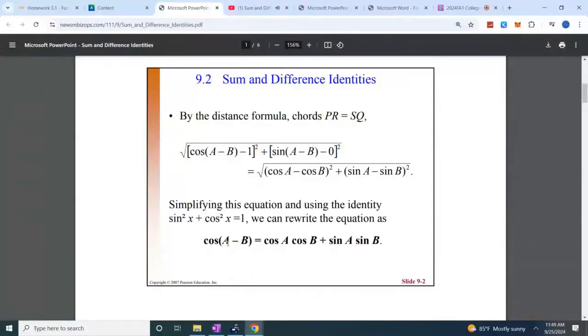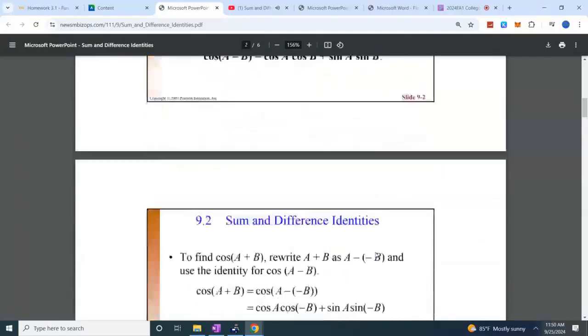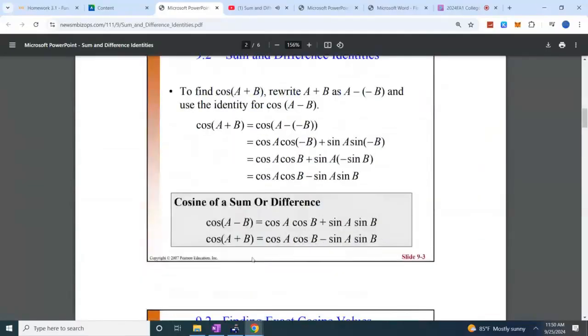The cosine of A minus B, this is actually read as a difference of cosine. And the difference of cosine is equal to cosine A cosine B plus sine A sine B. We have also a sum of cosine. The sum of cosine form is cosine A cosine B minus sine A sine B.